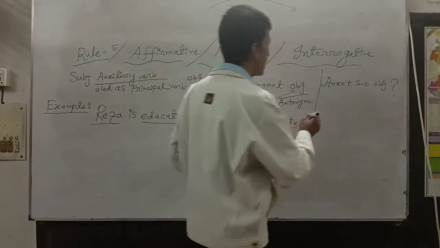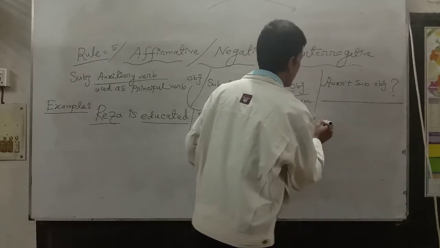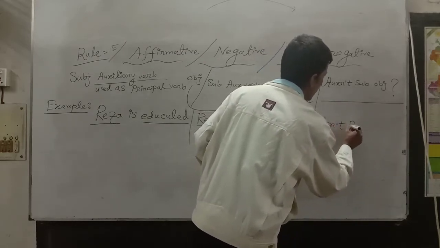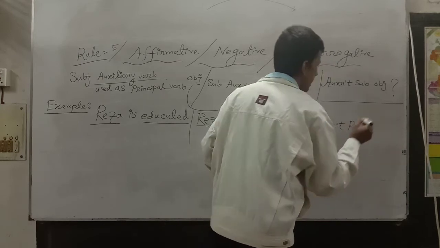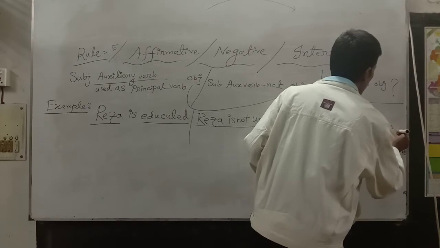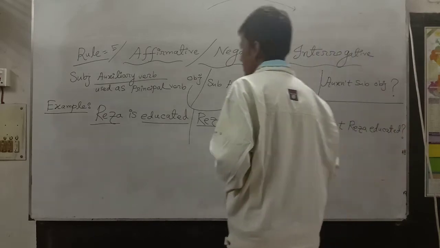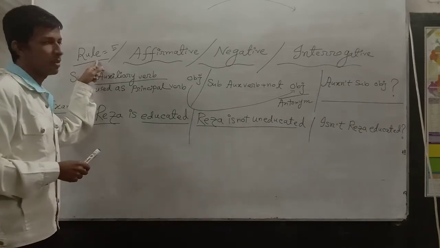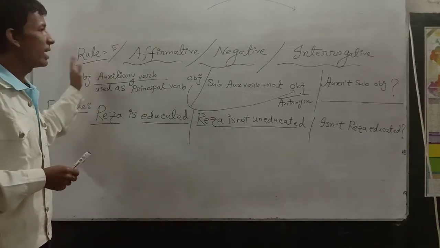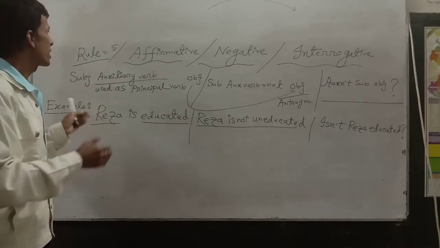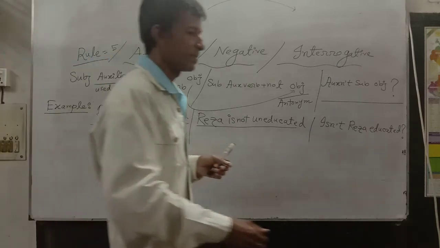And at last the interrogative part will be written: Is not Reza educated? This is the structure of Rule 5. Now I will discuss all these sentences and words to explain Rule 6.